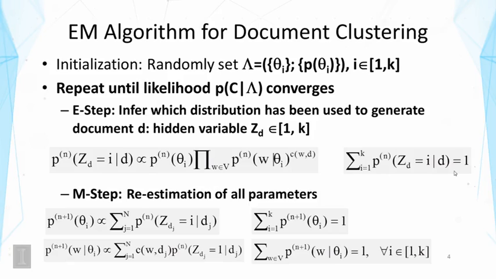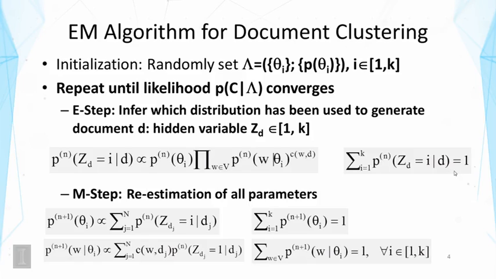You just need to adapt a little bit to this new mixture model. So as you may recall, the EM algorithm starts with the initialization of all the parameters. So that's the same as what happened before for topic models. And then we're going to repeat until the likelihood converges. And in each step, we're going to do an E step and an M step.